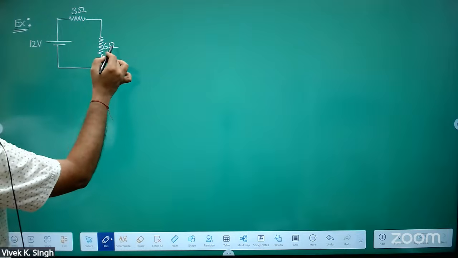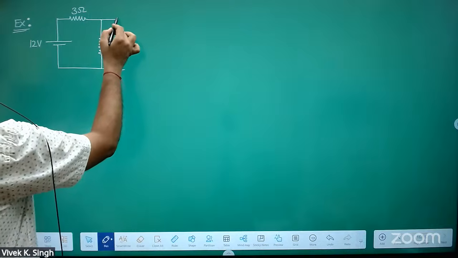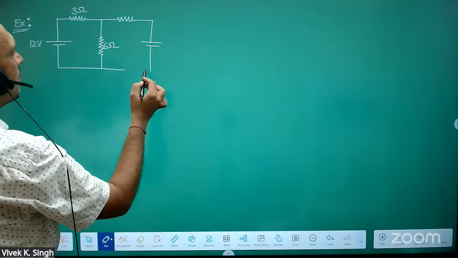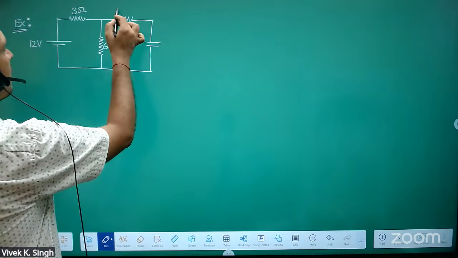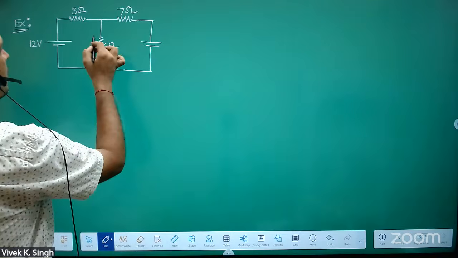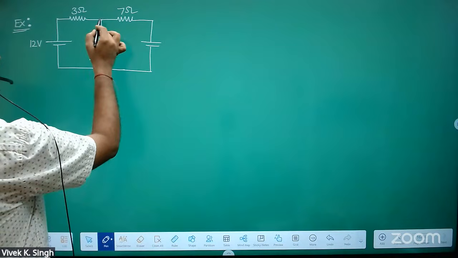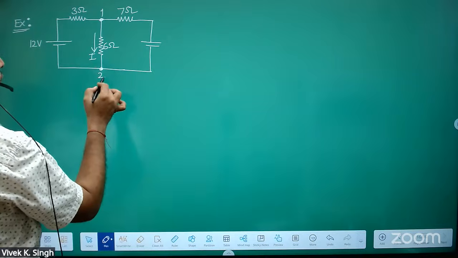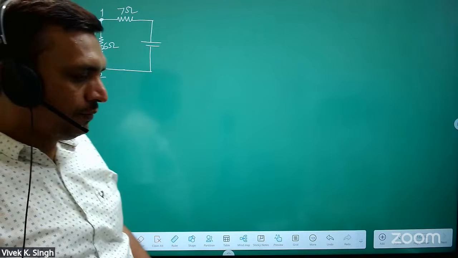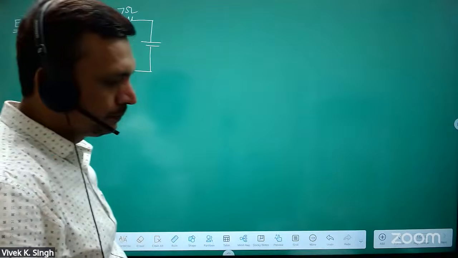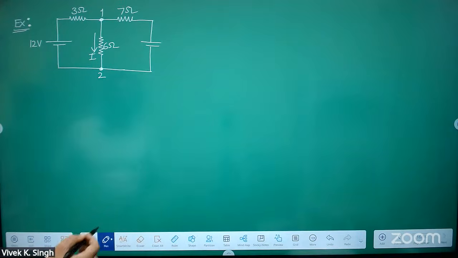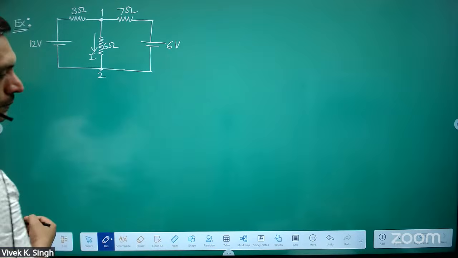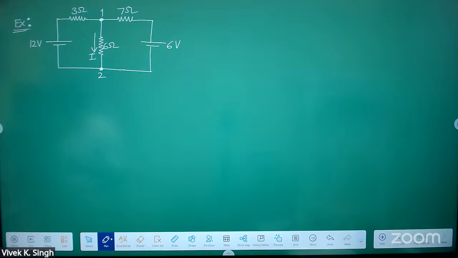This is 6 ohm. Let's find this current. Find current I using Thevenin's theorem. Let's calculate. First, this voltage is 6 volt. Try to find current I.